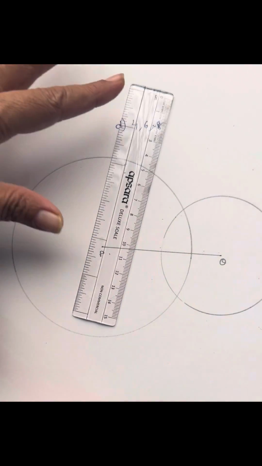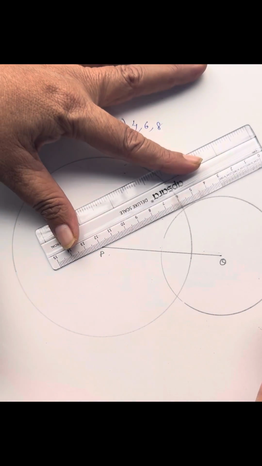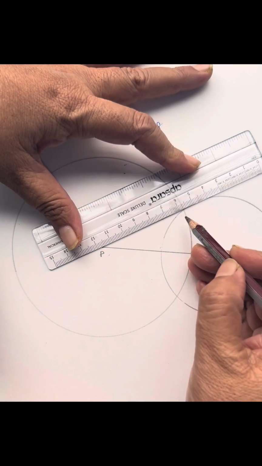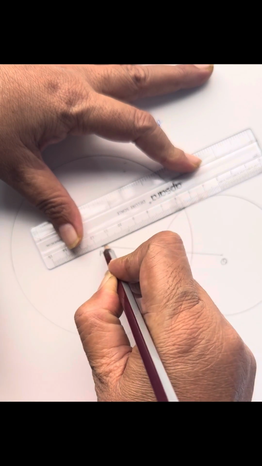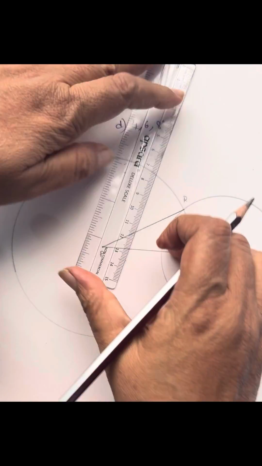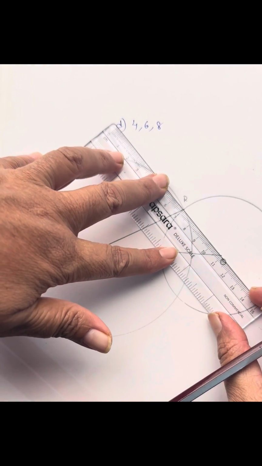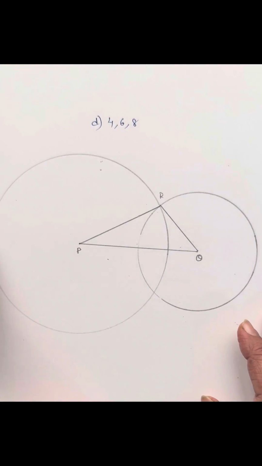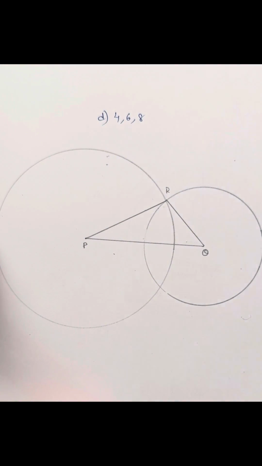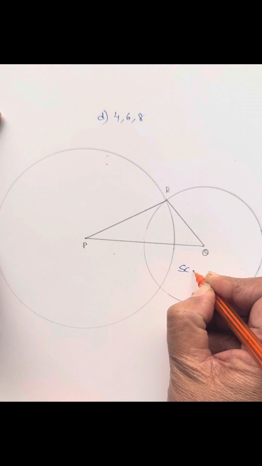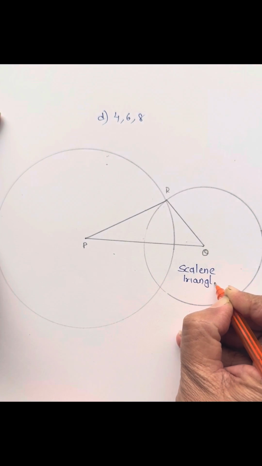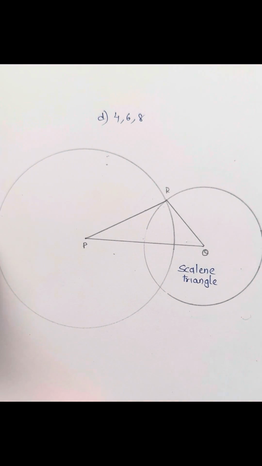So we can see that both the circles, they meet at a point. Join them. We can name the point of intersection as R. So we join PR and then RQ. Whatever I am saying, the same thing you can write in steps of the construction. So this is a triangle. Again, it is which type of triangle? It is scalene triangle, because all sides are of different length. This is question number D.